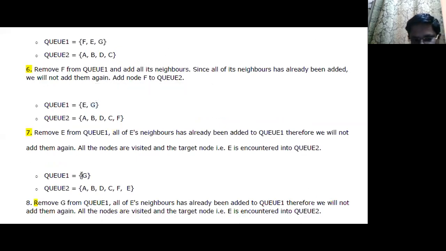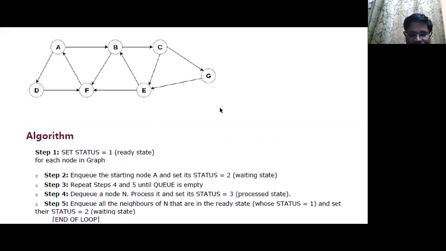Whatever node we are inserting by searching the neighbors, we have to look into Q1 and Q2. If any node is already available in Q1 or Q2, then we have no need to insert it again. Now in the next step, since there is only one element in Q1, delete this node and search all the neighbors of G. How many neighbors of G are there?